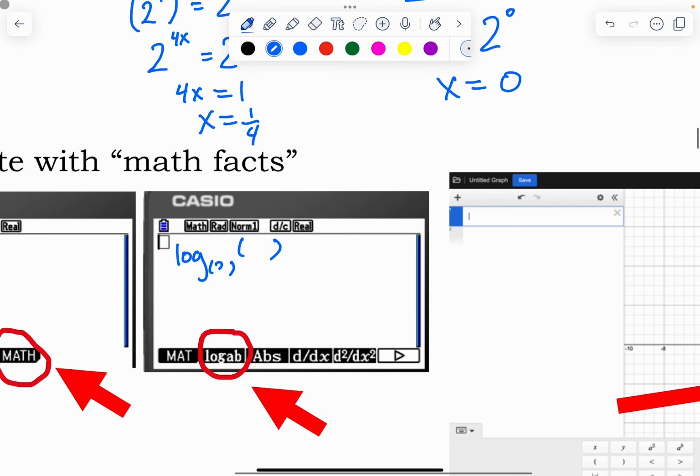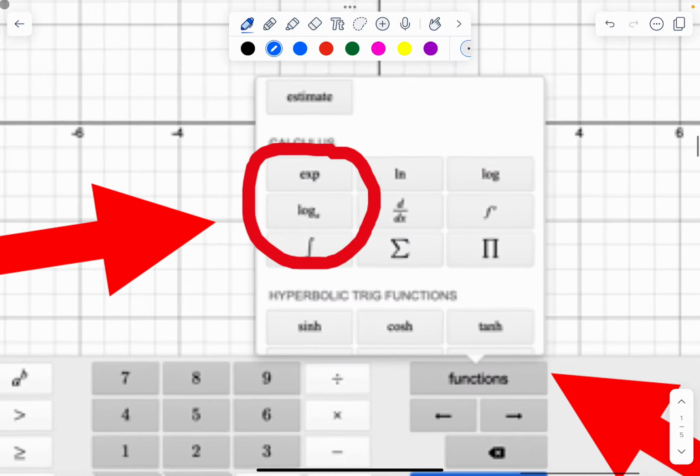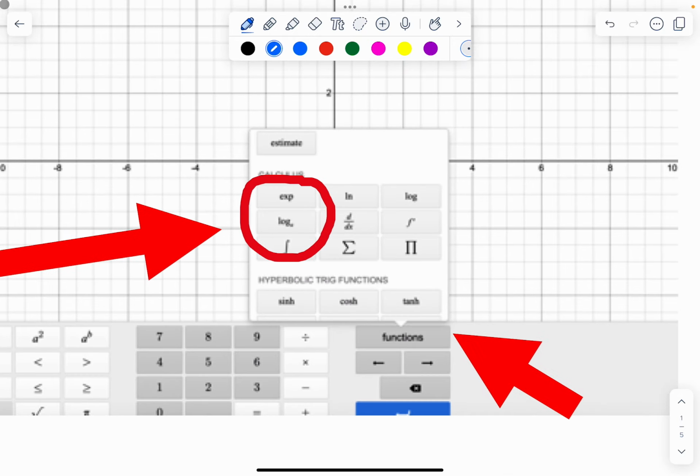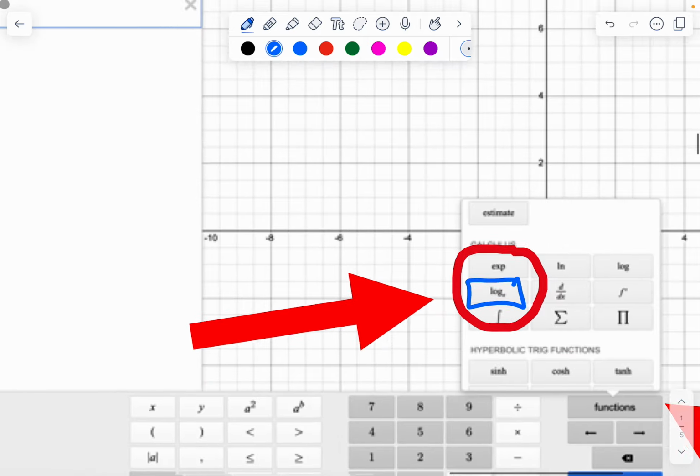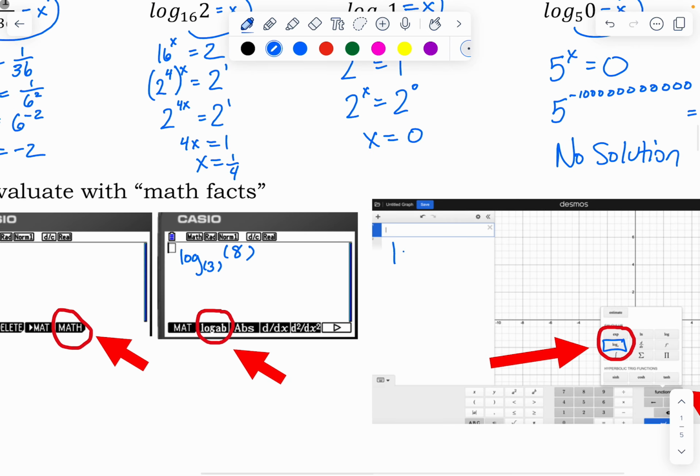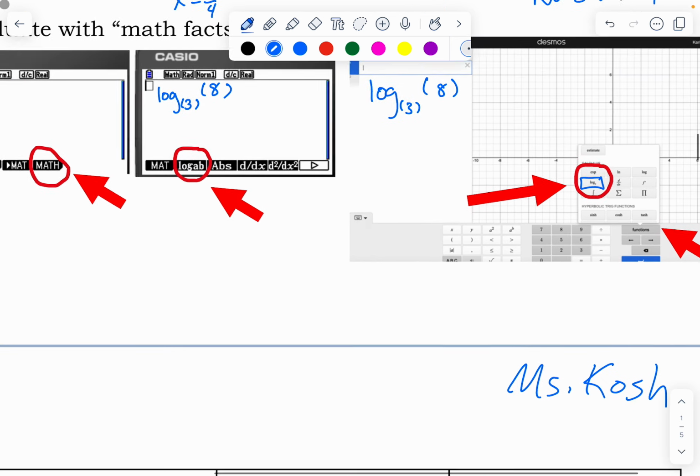I also added this with Desmos. Hit the function button, and under the calculus stuff there's a log base A option, and then you can enter log base 3 of 8. We can also use the change of base property, but I'll teach that in a second.